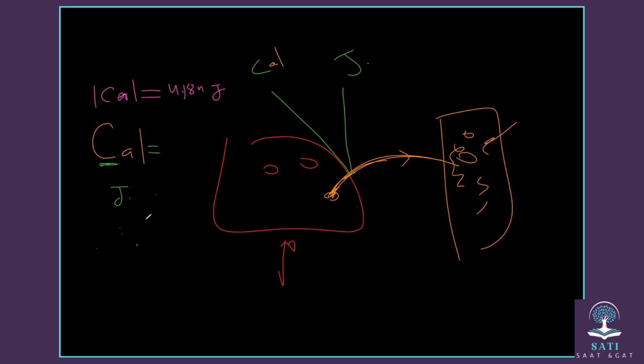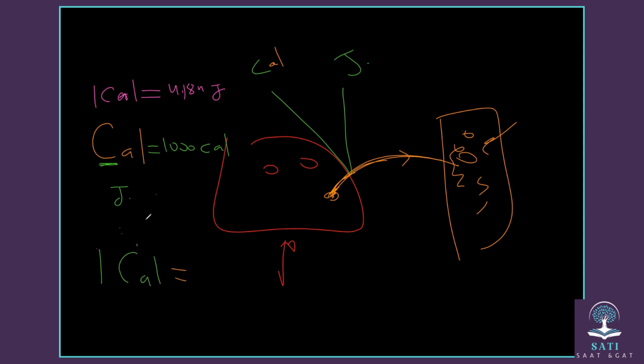This one here means kilocalorie, that means 1,000 calories. So when they tell you to convert from calorie to joule, you need to understand which calorie they are talking about.